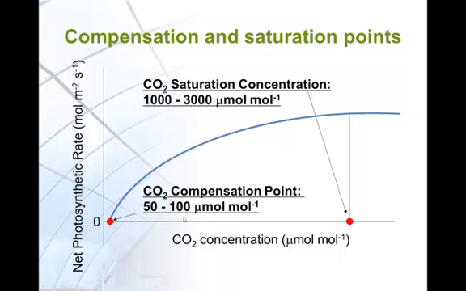Typically the compensation concentration is between 50 to 100 micromoles per mole, and the CO2 saturation concentration, which gives the maximum net photosynthetic rate, is about 1000 to 3000 micromole per mole. So this also depends on the growing conditions and on the species.